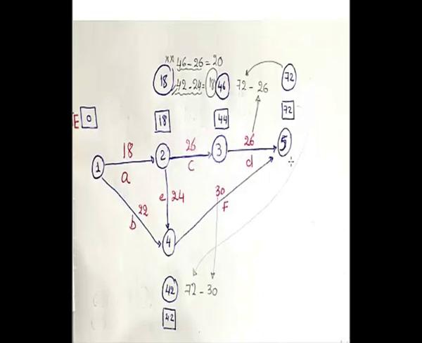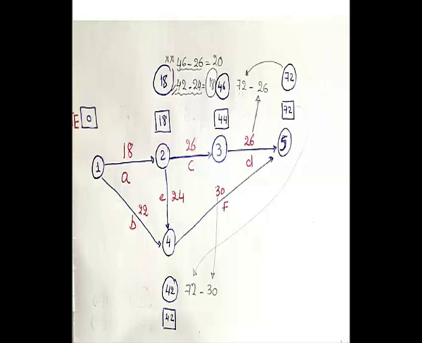If we look at event number 2, here you have to choose. You've got two arrows coming out of event number 2, so you have to choose which TL to take. So you calculate the two options, and you have to choose. For example, if you take the TL of event number 3 minus the number of days for activity C, you'll find that the TL in this case equals 20.